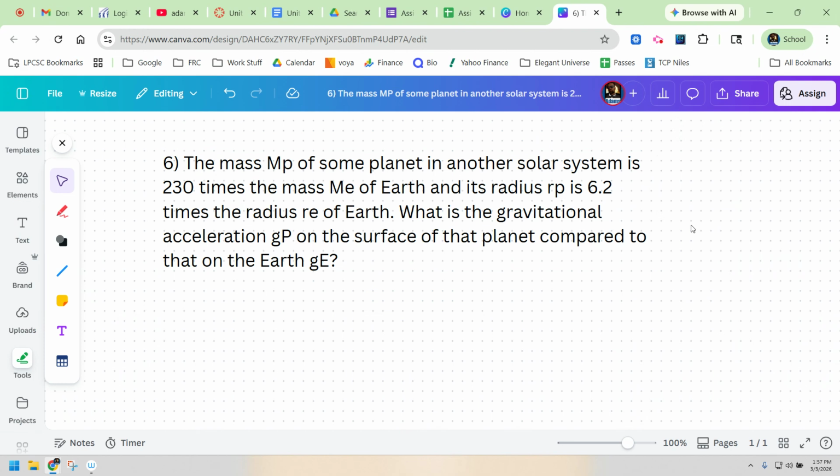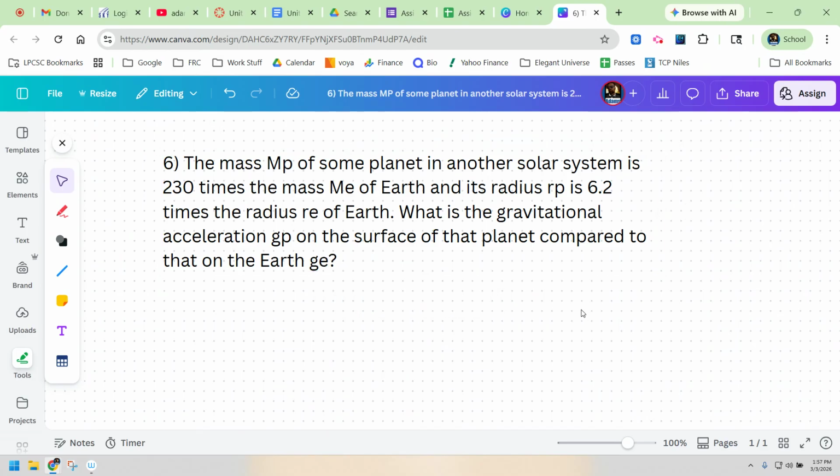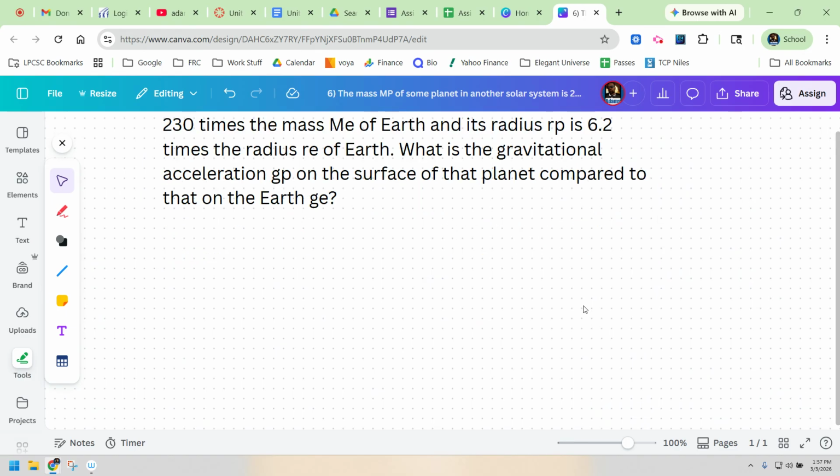What is the gravitational acceleration on this planet? And I think we went over where the 9.8 comes from, right? Remember we did that? So let's just start with that.